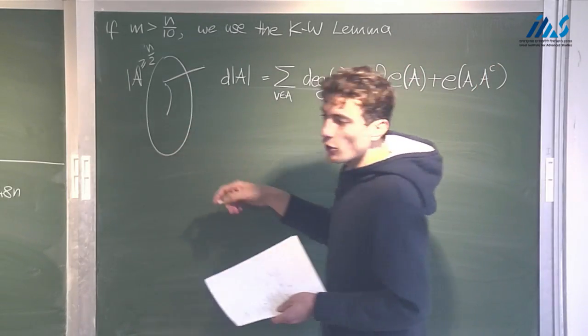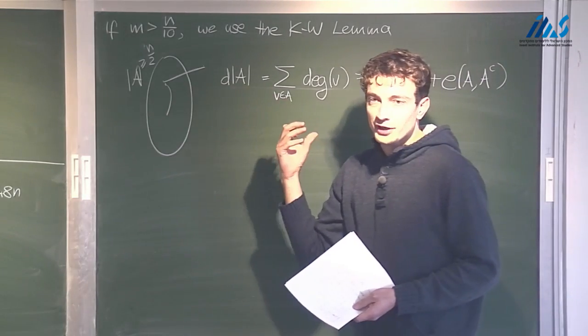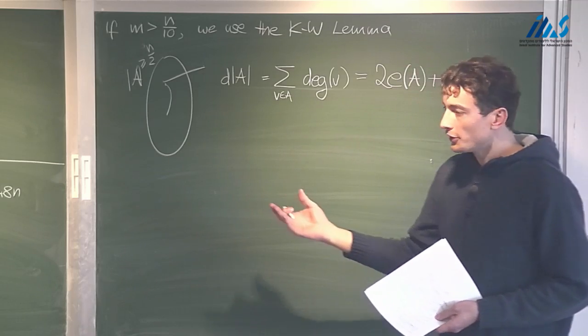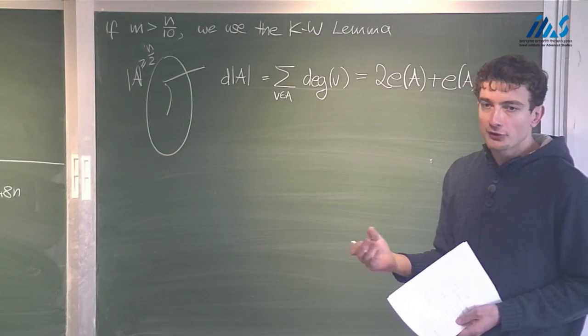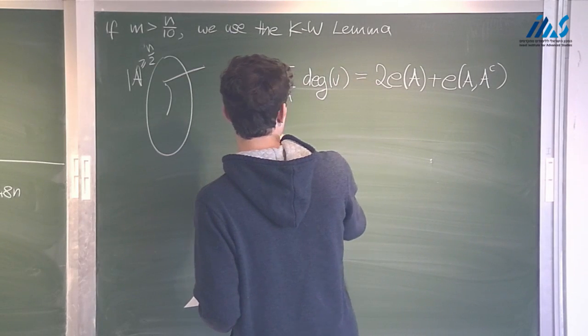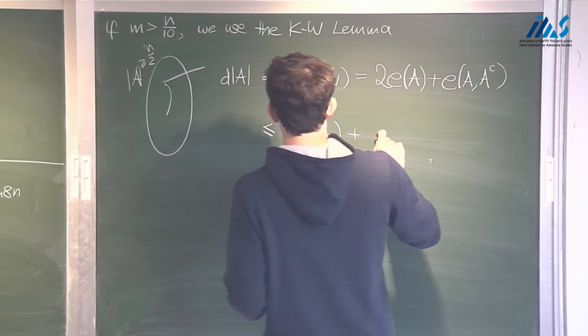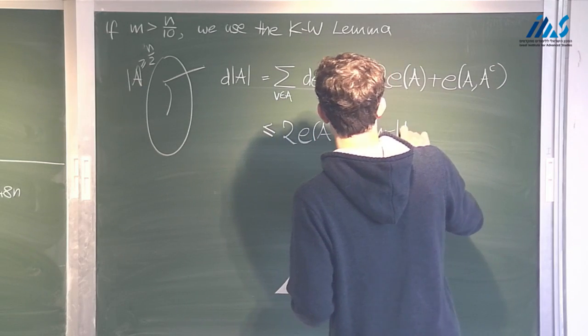Now we have the set A complement here, and how many endpoints can A complement absorb? Since each vertex there has degree at most d, this is at most A complement times d. So this is at most twice the number of edges in A plus (n minus A) times d.